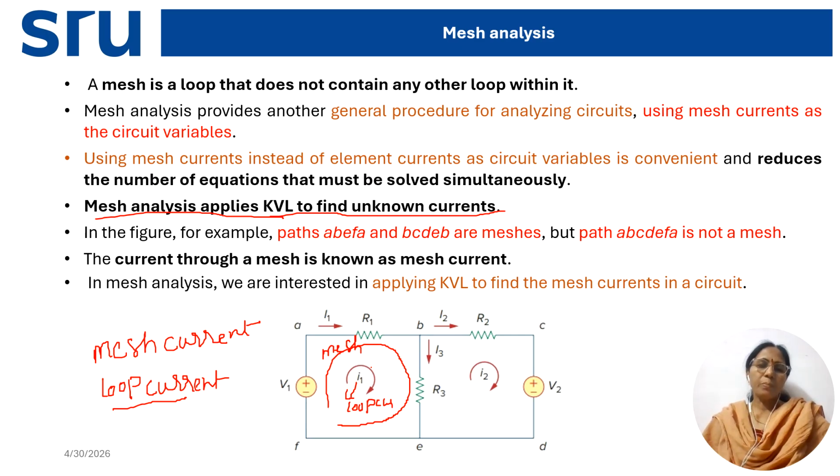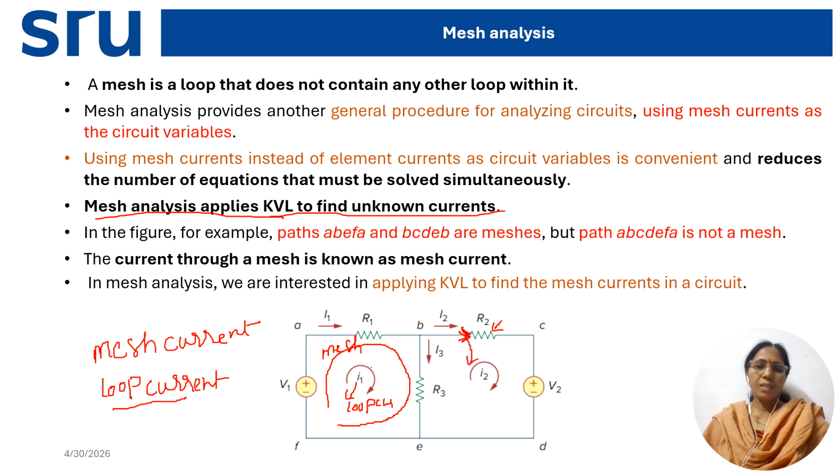What is meant by a branch? It is an element which is connected between two points. Here R2 is an element connected between B and C, and this is a branch. Whatever current flows in this branch is the same as the loop current.